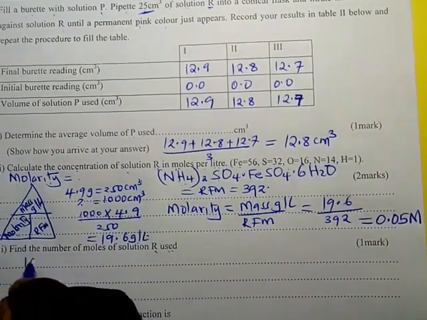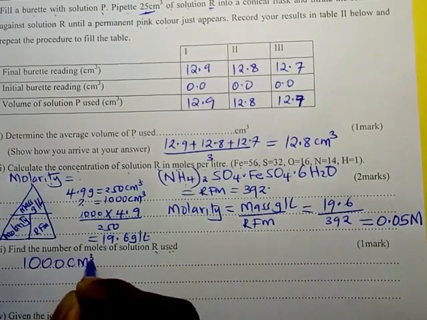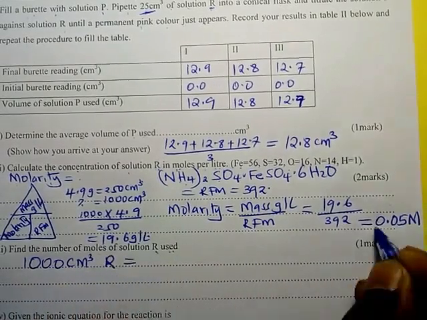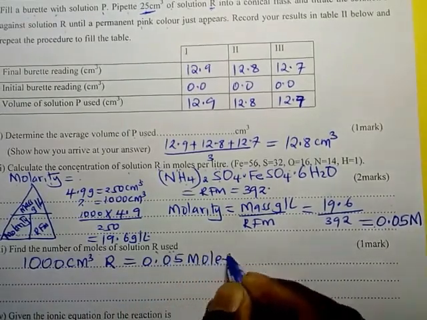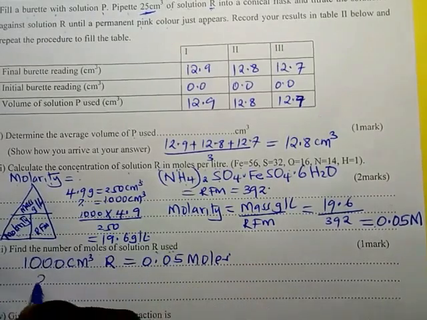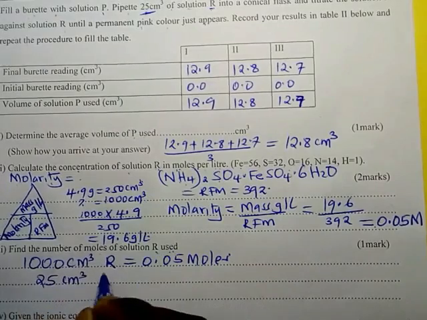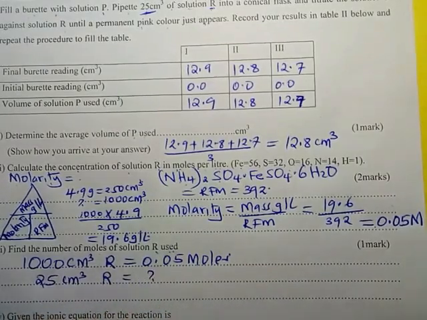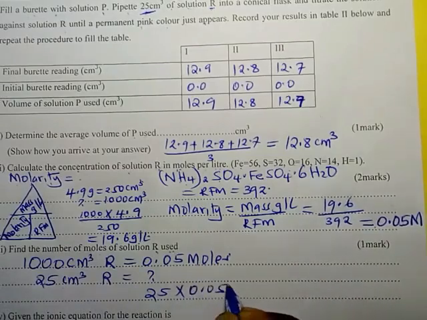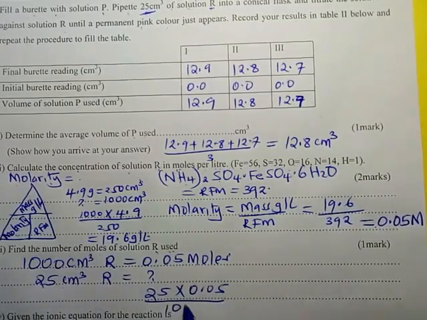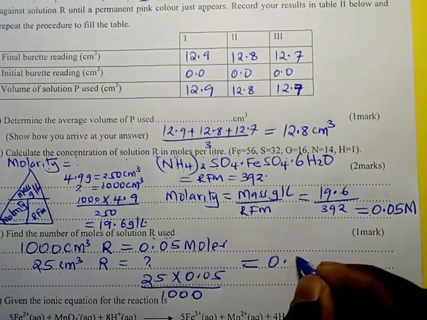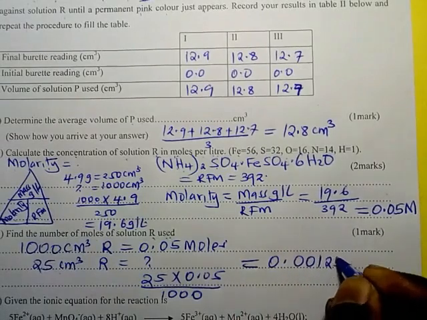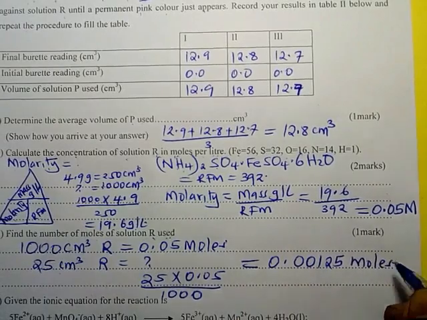So 1000 cm³ of solution R has 0.05 moles. The volume of R used is 25, so we ask: 25 cm³ of solution R will contain how many moles? That is 25 times 0.05 divided by 1000, and this gives us 0.00125 moles.